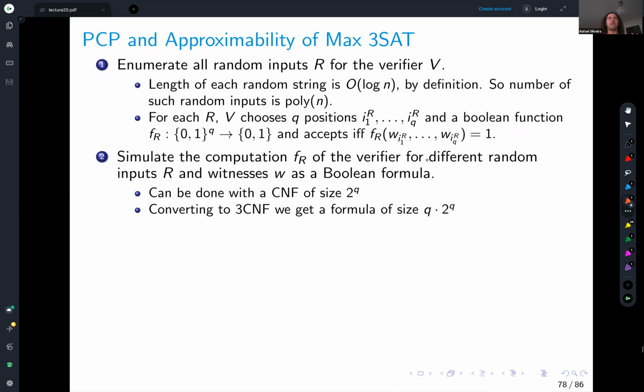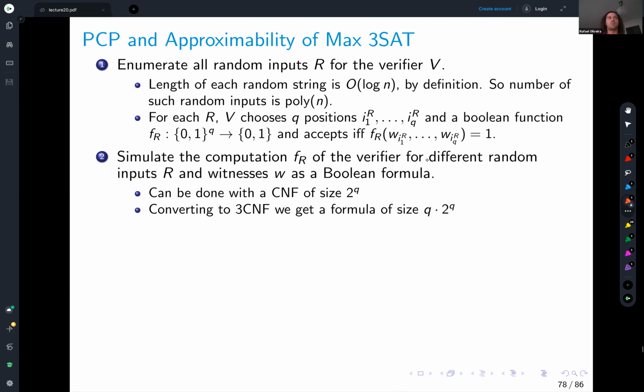We can do the simulation as a Boolean formula with a CNF of size 2 to the Q. And if I convert this to a 3CNF, we can get a formula of size Q times 2 to the Q.